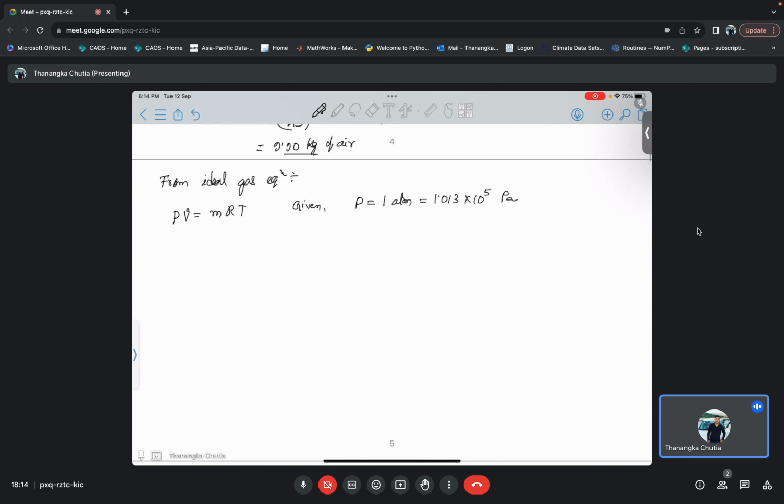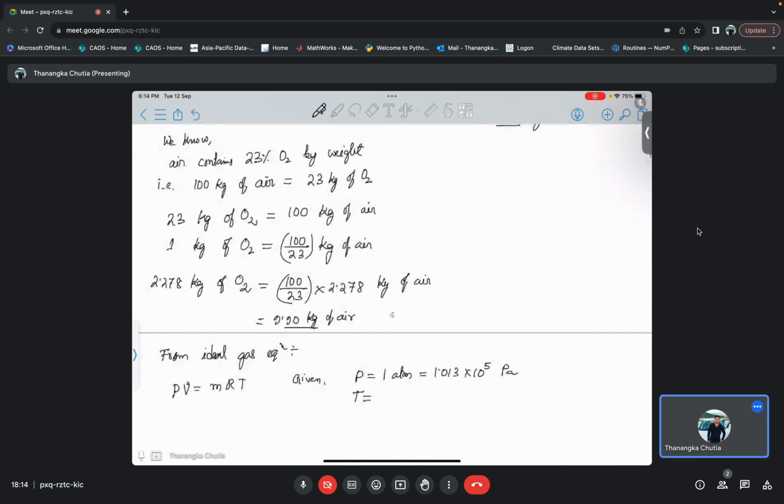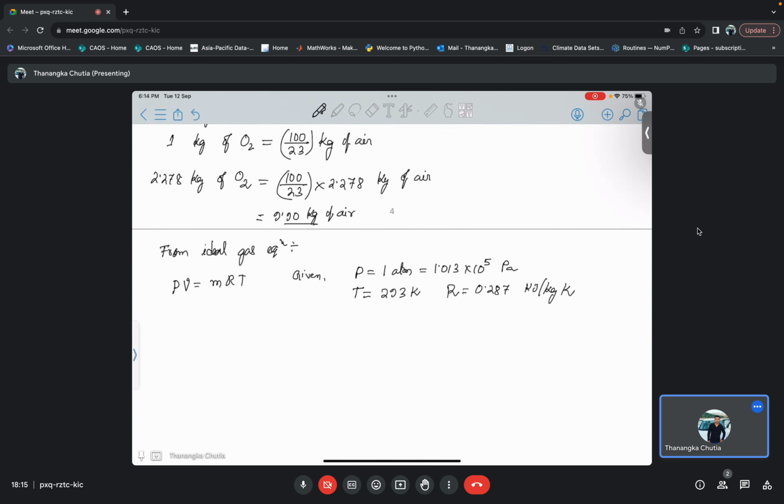What is the value of T that is given? 293 Kelvin. And we know the value of R is 0.287 kilojoule per kg Kelvin. We also know the mass of the air, that is 9.90.